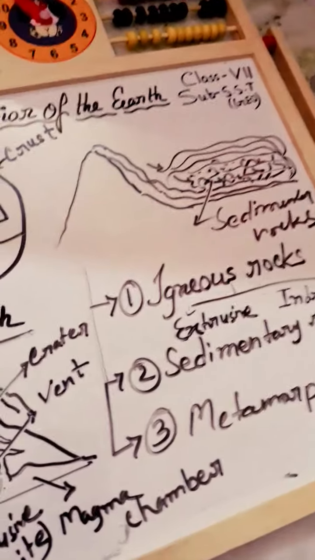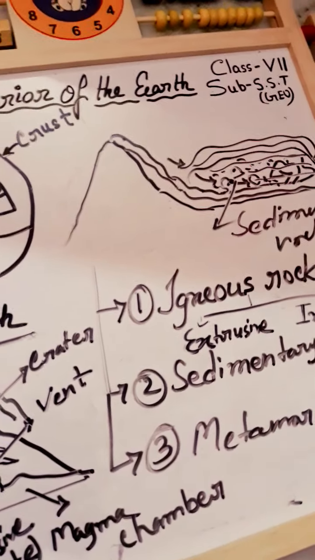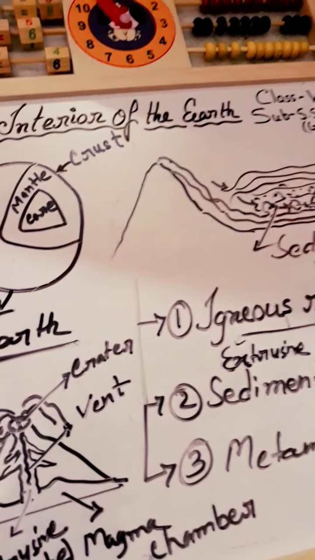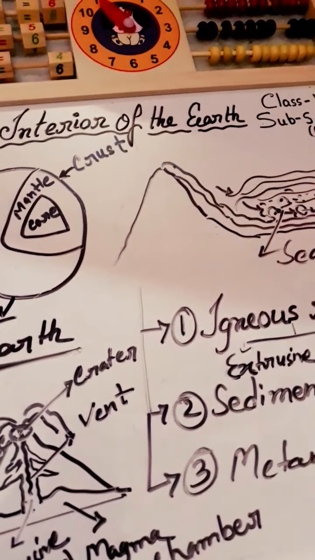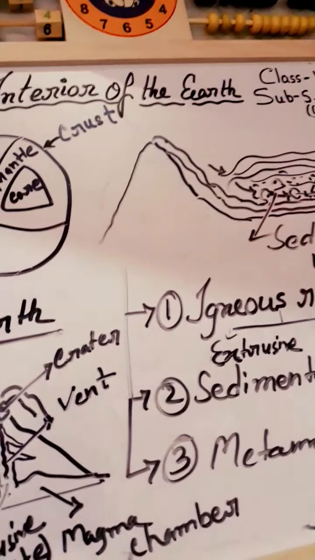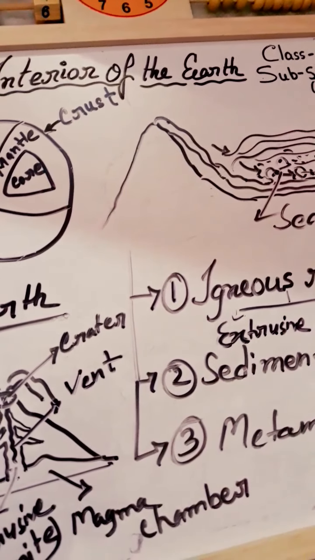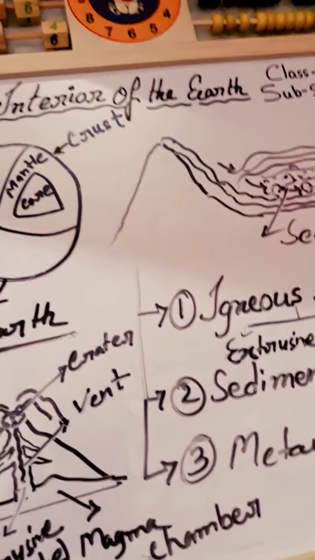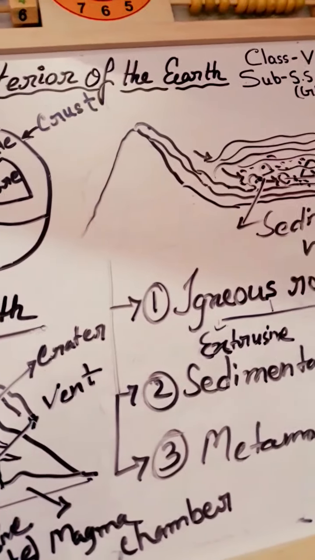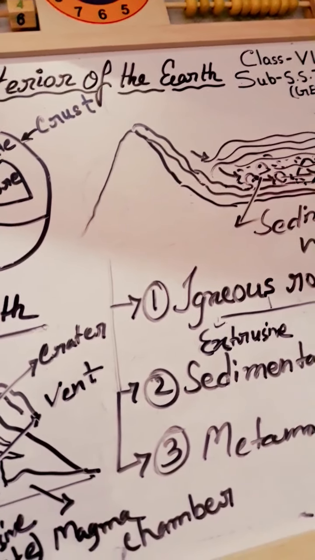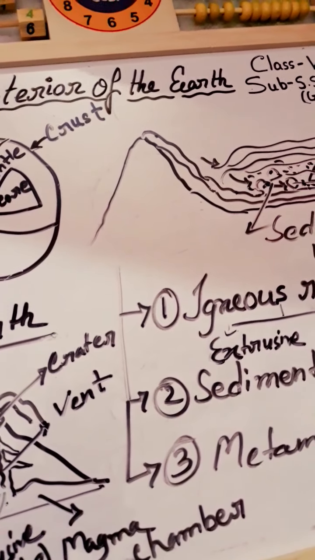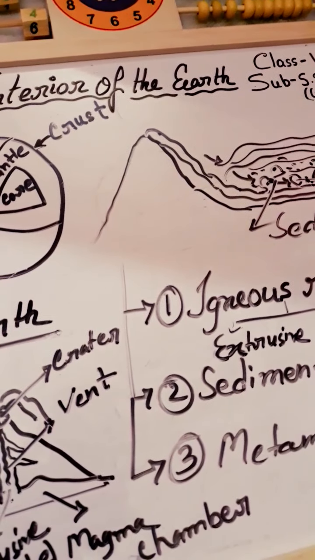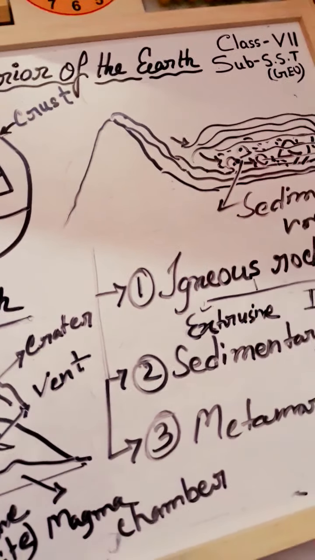Then metamorphic rocks. Actually, metamorphic rocks have a relation with igneous and sedimentary. Metamorphose or metamorphic, this term comes from that change. Meta means change. When igneous rocks or sedimentary rocks change their characteristics and turn into new rocks, then they are known as metamorphic rocks.